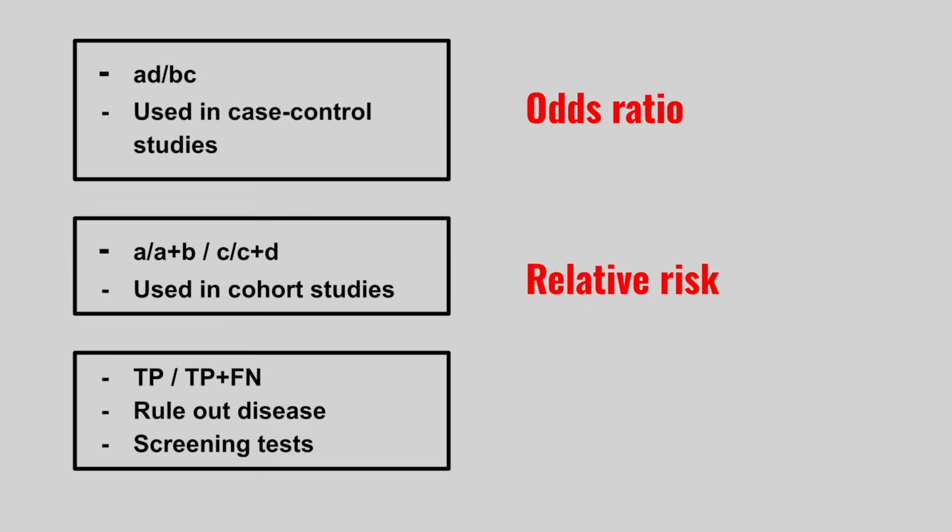Next, we have the formula true positives divided by the true positives and the false negatives. This is used to rule out disease, and it makes a good screening test. This is sensitivity.